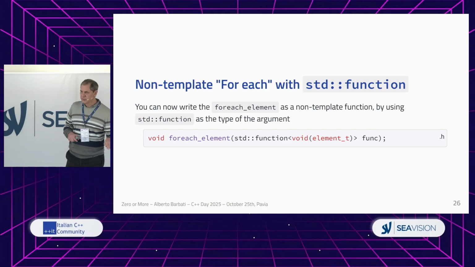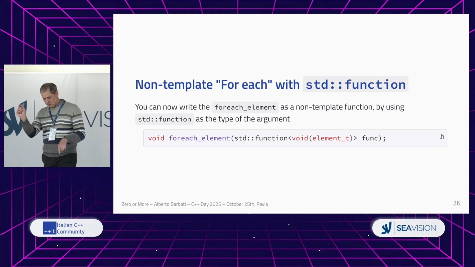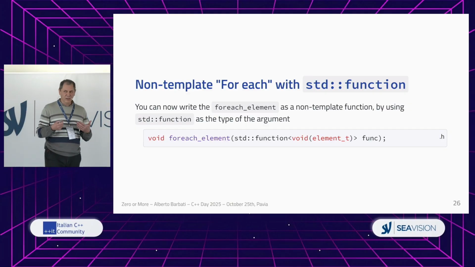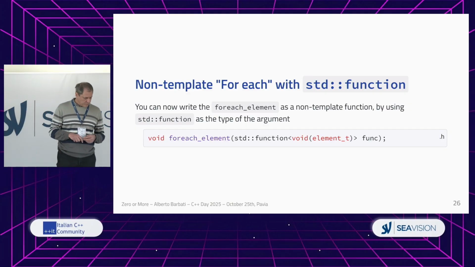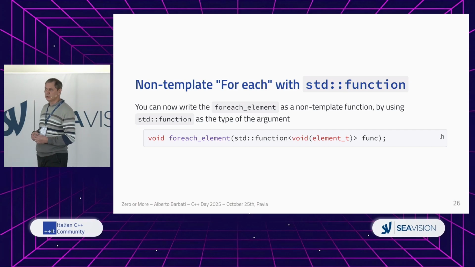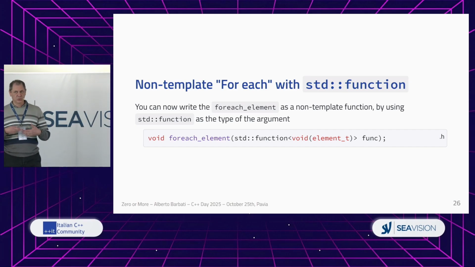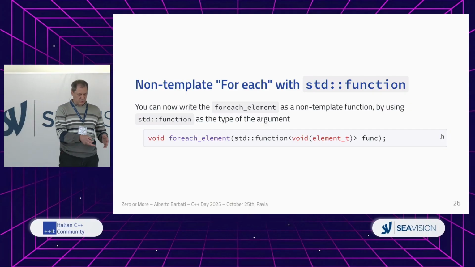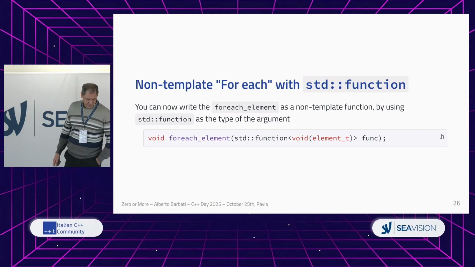And in this case, the call of the function is done via function pointer, so it cannot be inlined. But if you are good with this limitation, this is a solution if you want to have the function in a public API and don't want to provide all the code in the .h file.